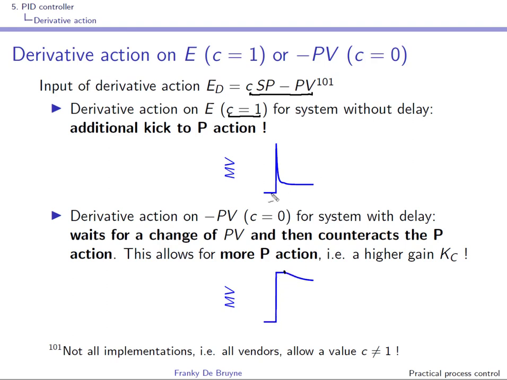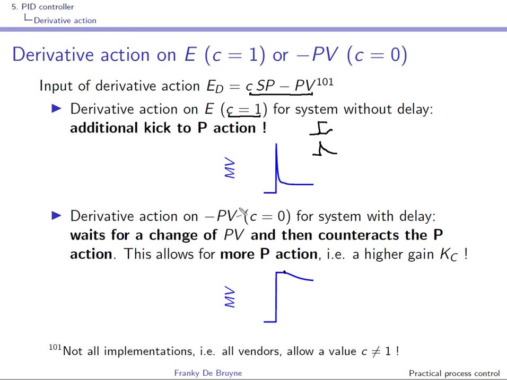But anyway, if you have C equal to 1, you will typically see a positive peak. If you have a set point change like this, you'll have a peak like this. And when the system then reacts finally, something like this, what you will see is an action on the other side.